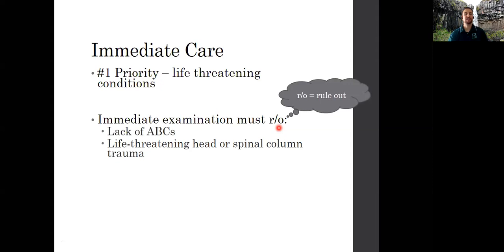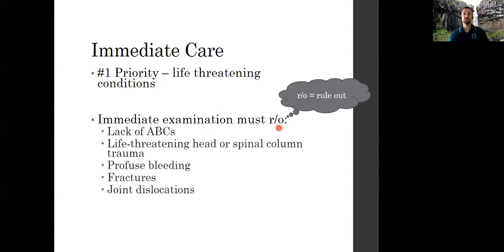Life-threatening head, neck, or spine injury. So usually there's going to be an acute event that happens where they're landing from a fall, there's a collision, there's a car accident, whatever the case might be, but high velocity injuries to the spinal cord. Of course, profuse bleeding, fractures, and dislocations.